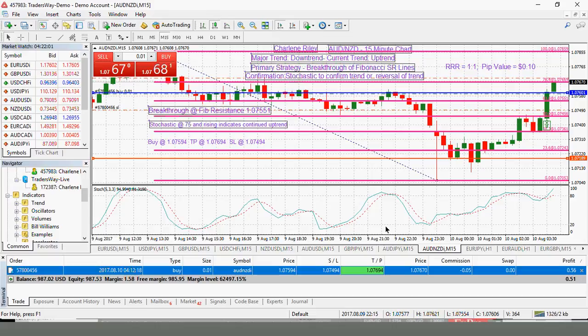So it looks like that resistance line wants to hold, but it's going to break through.